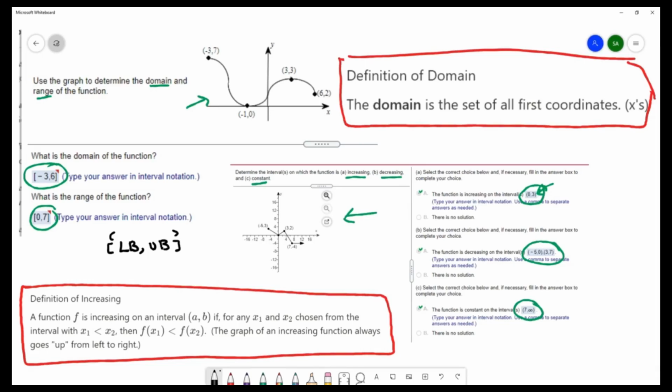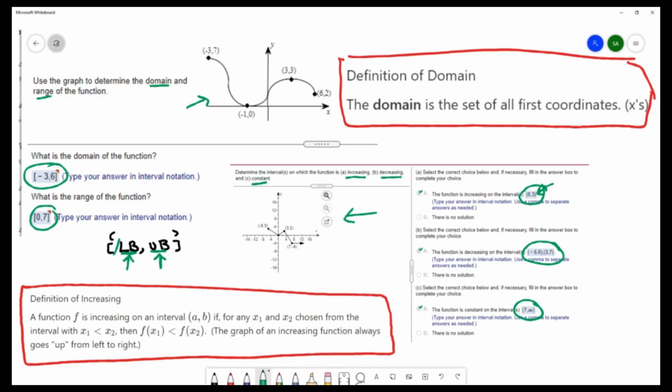And when we look at this notation, this is describing all of the numbers between the lower bound and the upper bound. So it's not just an individual ordered pair. It's not an ordered pair at all. It is an interval of numbers, which is why it's called interval notation. It's an interval of numbers that starts here and ends here.